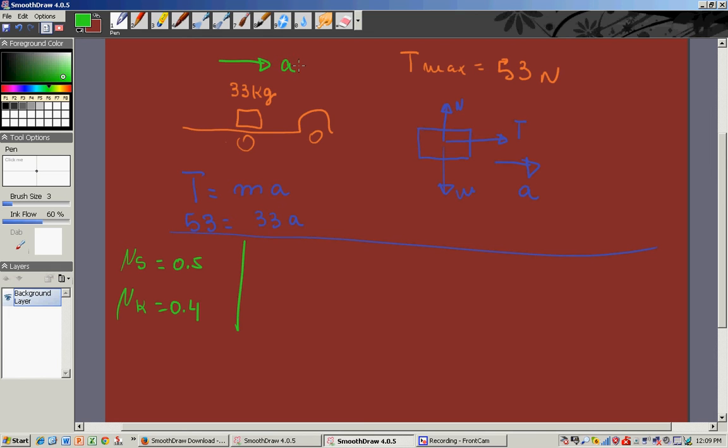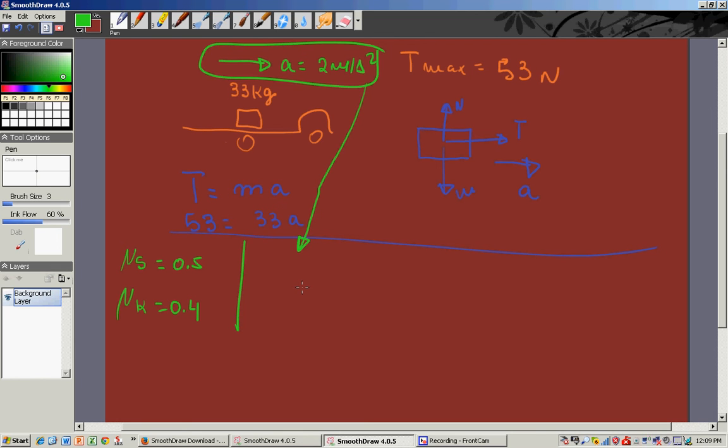Let's say the coefficients are given. Static is 0.5 and kinetic is 0.4. Usually kinetic is a little bit less. And then the truck is moving to the right with a given acceleration. Let's say the acceleration is 2 meters per second squared. I'm just making up a number here so I can calculate.